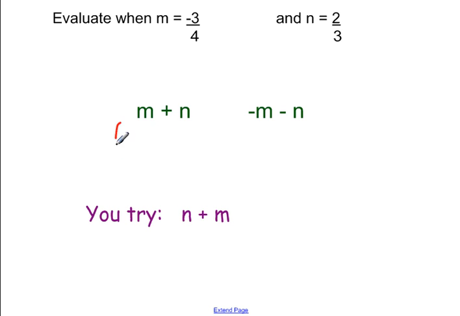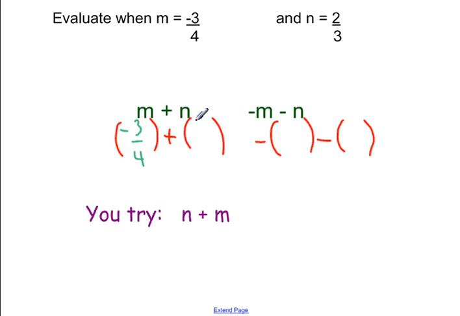I know bubbles is actually parentheses, but I do this m plus n so that I keep track of all my negatives. Here I'm writing negative bubble instead of negative m minus bubble instead of n. You'll see right now when I go back to fill in these values where it becomes very important.